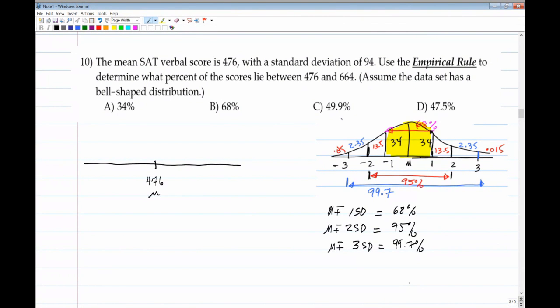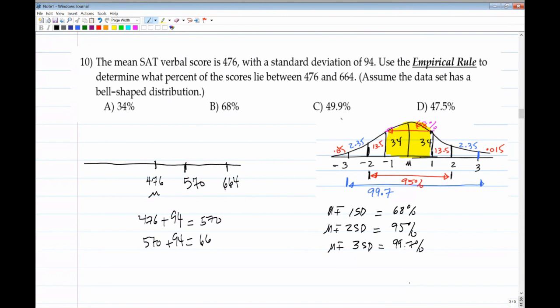Each standard deviation is 94. 476 plus 94 will give me 570. So this will be 570 on this side, and two standard deviations will be 664, by adding another 94 to 570.